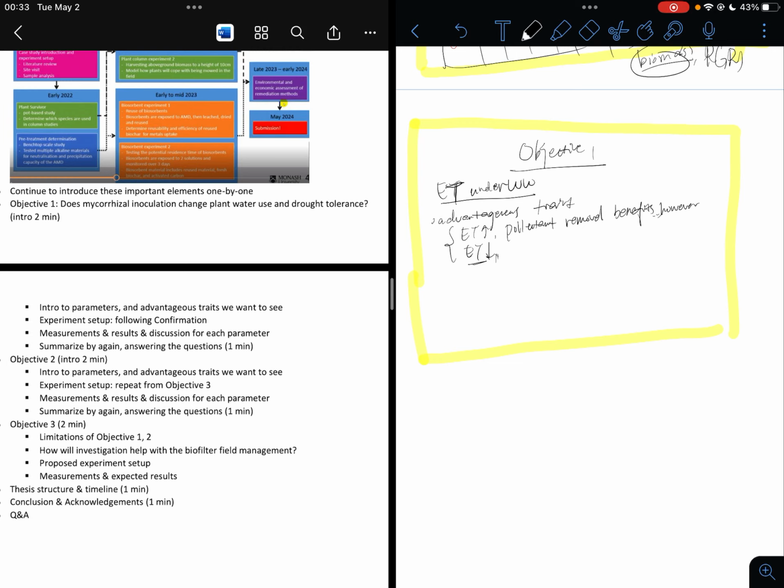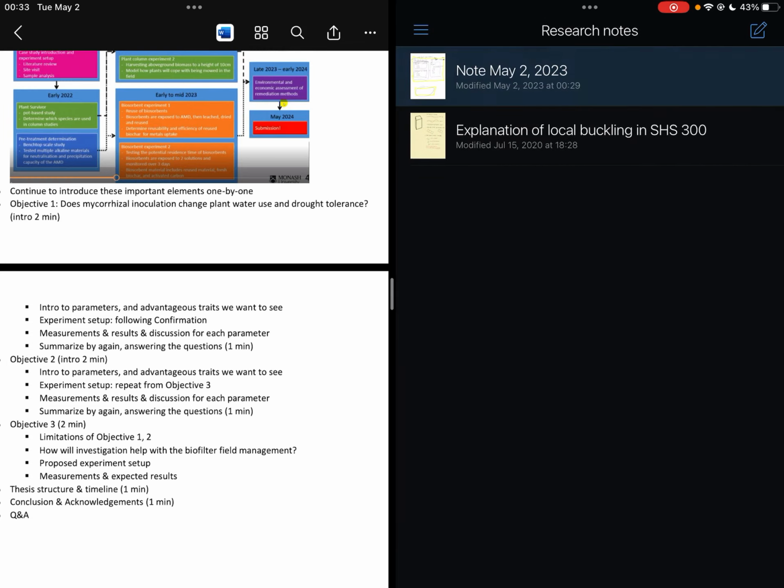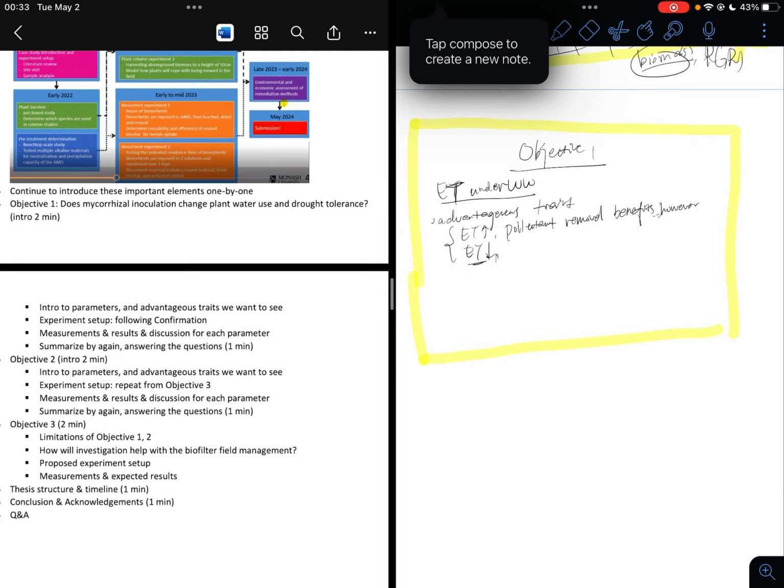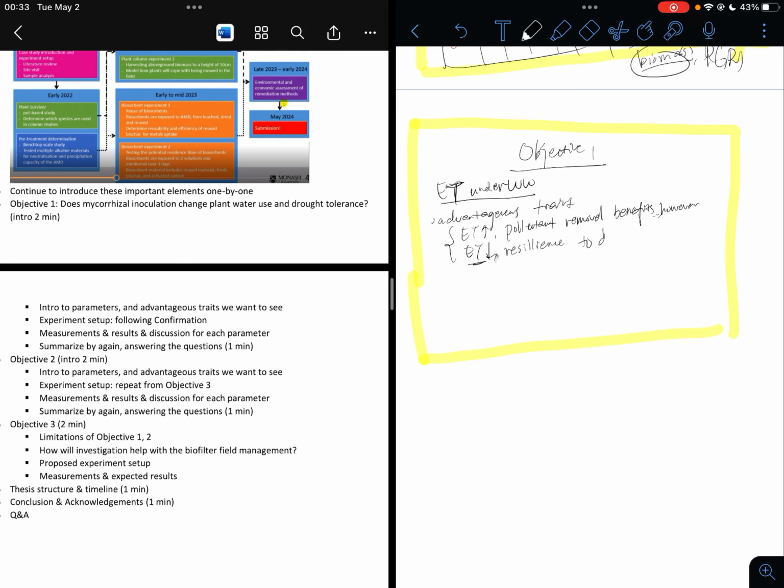And when you have a low ET, you will have more resilience to drought, but then you also have a lower rate. So it's a trade-off. But because we're dealing with drought, we definitely want to emphasize that resilience to drought.